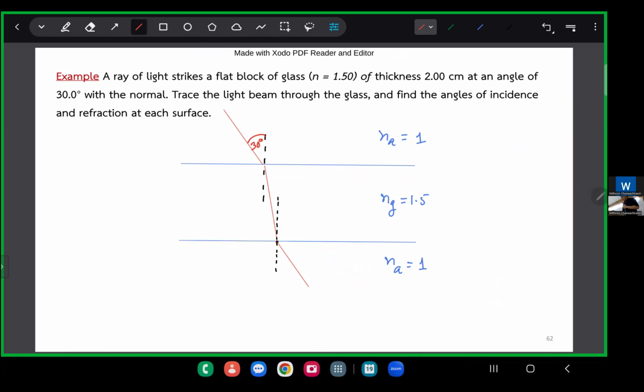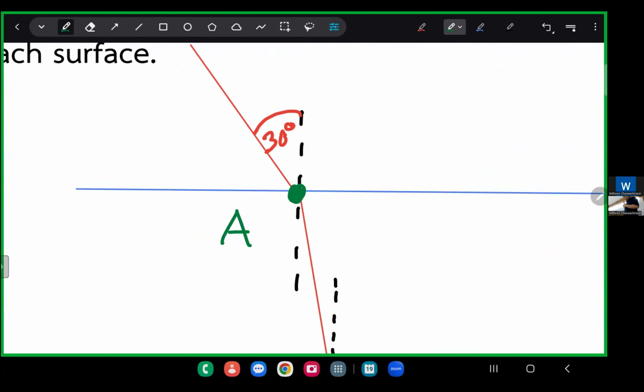I only have to focus on, for example, this point, which I name A. Let me name this point B. I only care what is going on at one point at a time. So at A, that's a top surface point, there is light coming in and light going out. I can name the outgoing ray angle alpha. This is the angle right here.